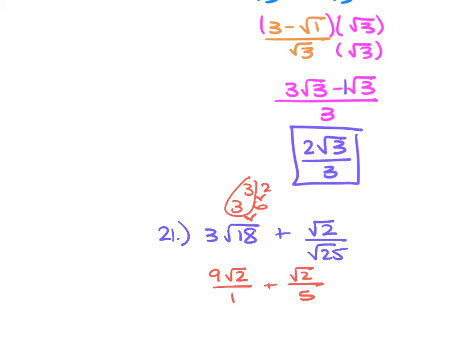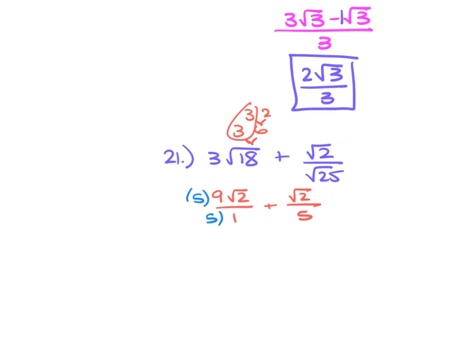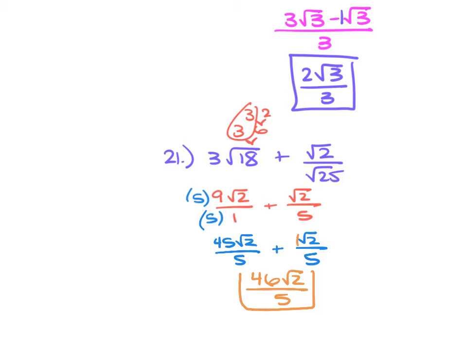So this is going to then become 45 square root 2 over 5 plus square root 2 over 5. 45 plus 1 is 46 square root 2 all over 5.